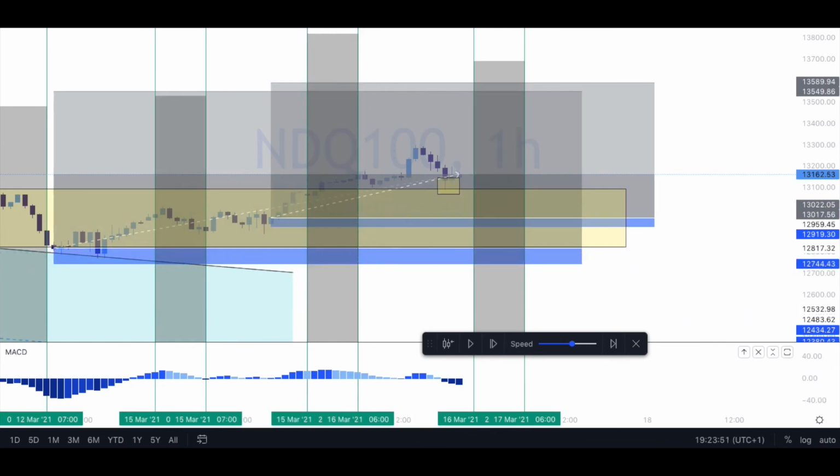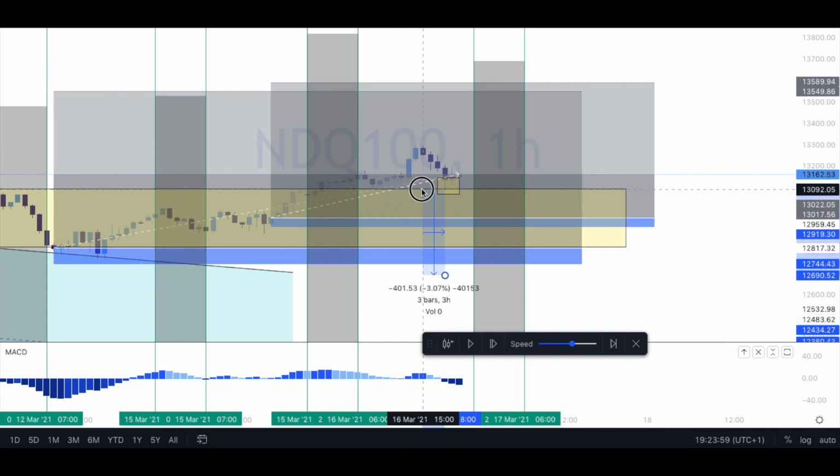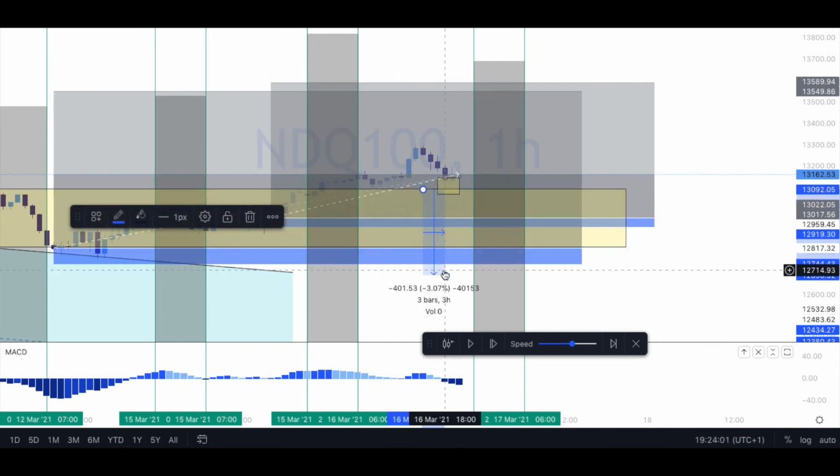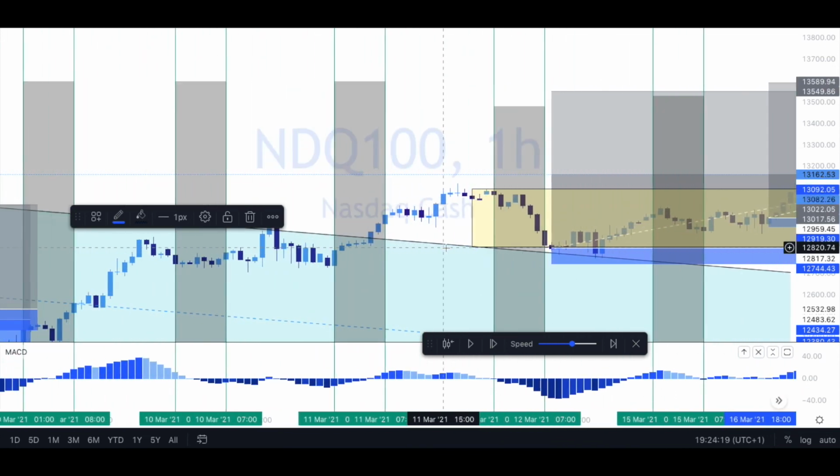And we've got 207 on that trade. Let's just zoom back.